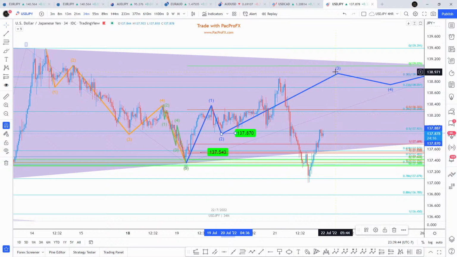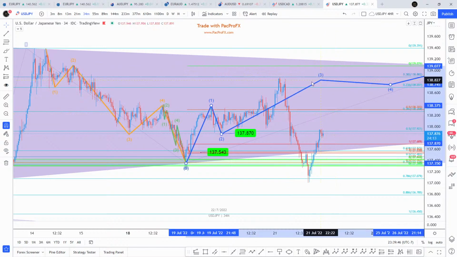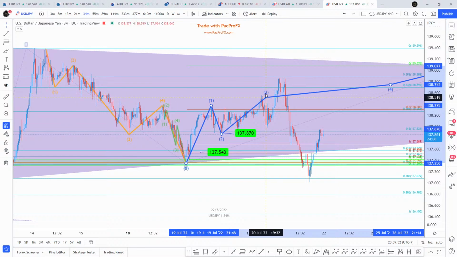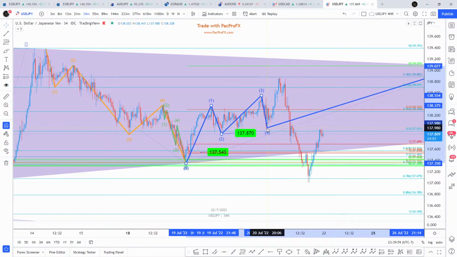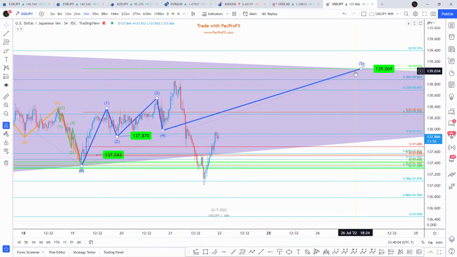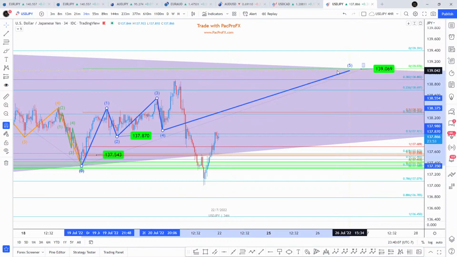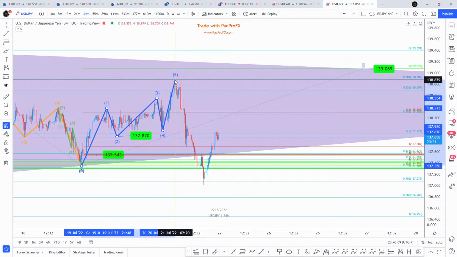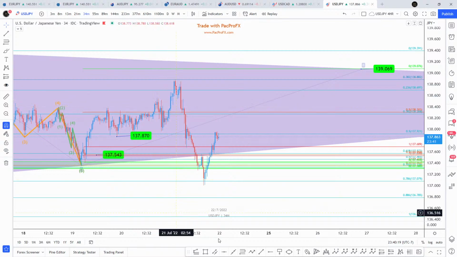Okay. And then over here, different story. What did it do? See, this doesn't even make any sense. This just did a zigzag. So you never know when it's doing a zigzag or a five-wave pattern. And this one just did a zigzag up here. Honestly, I won't even call this a zigzag.